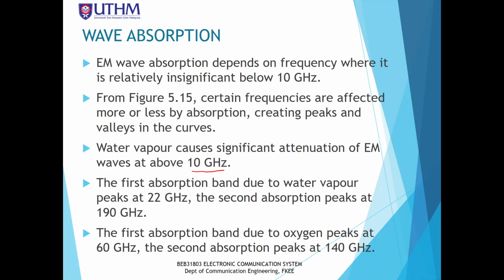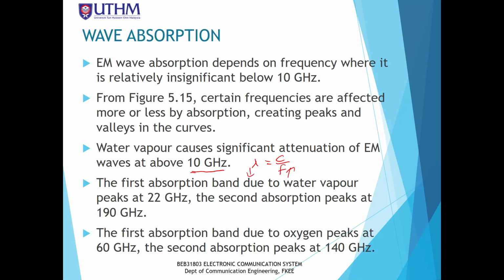Okay, so frequency more than 10 gigahertz. This is related to the wavelength. If you remember, wavelength is c over f. So the higher the frequency, the smaller the lambda. So at 10 gigahertz and above, the size of a wavelength will be smaller than the size of raindrops.